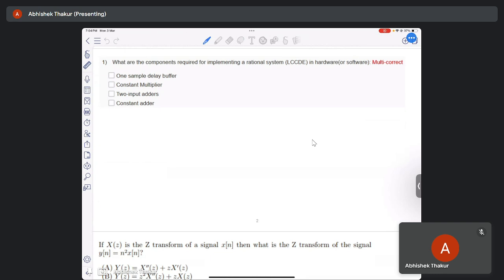Linear constant coefficient difference equation.